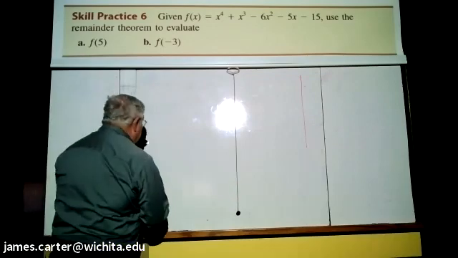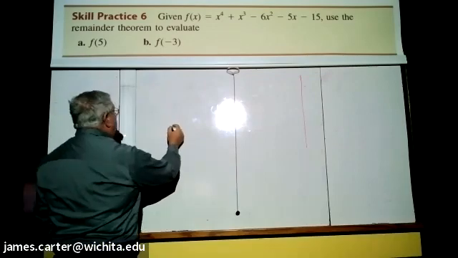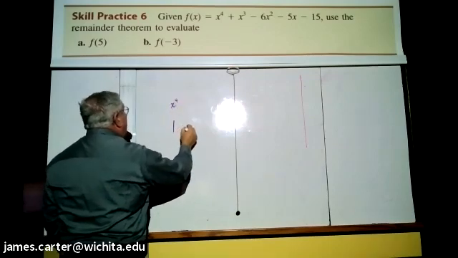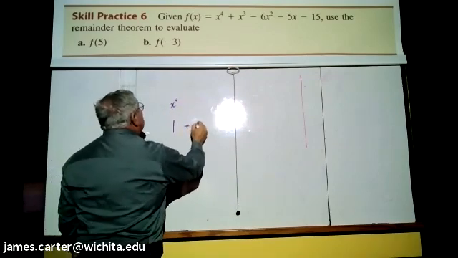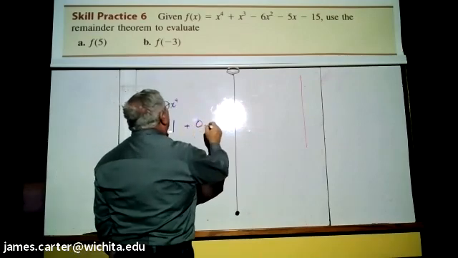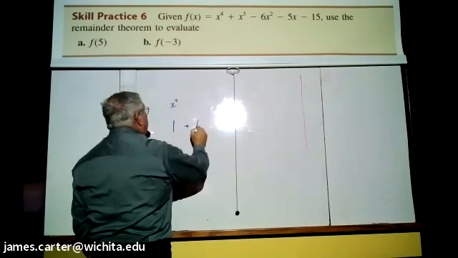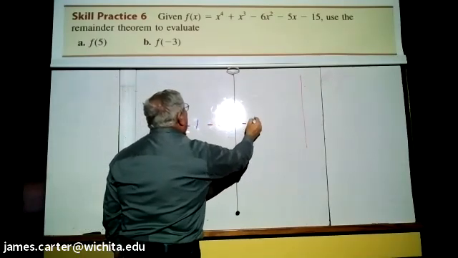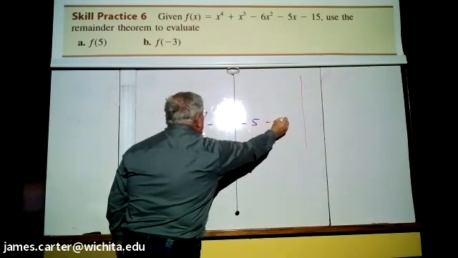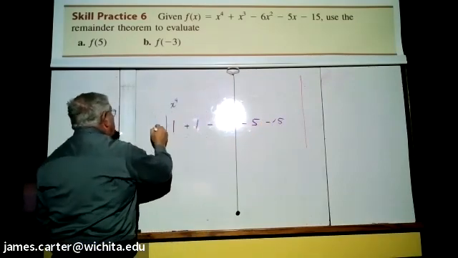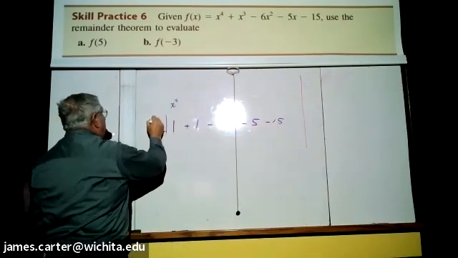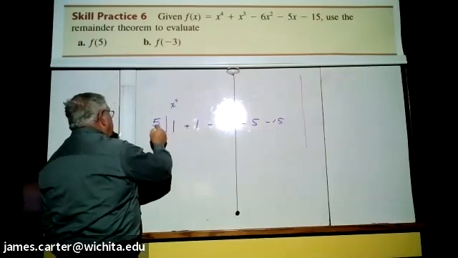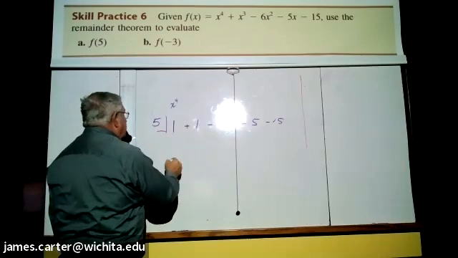Now, what they wanted us to do was to take this equation, a 1 for x to the 4th, plus a 1 for x to the 3rd, minus a 6, minus a 5, minus a 15. And they're wanting us to do this problem. They're saying test if f of 5 is a solution of that.